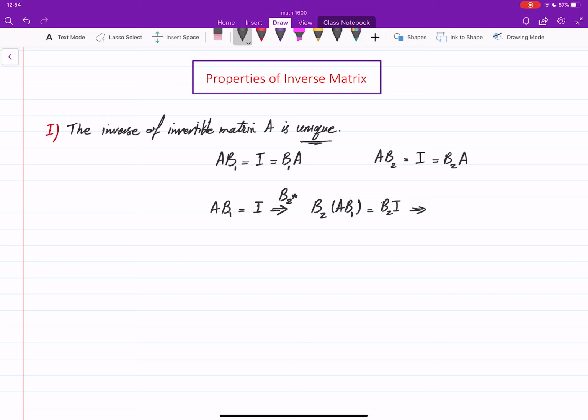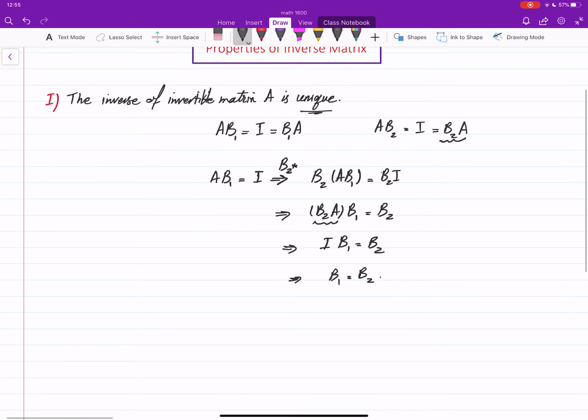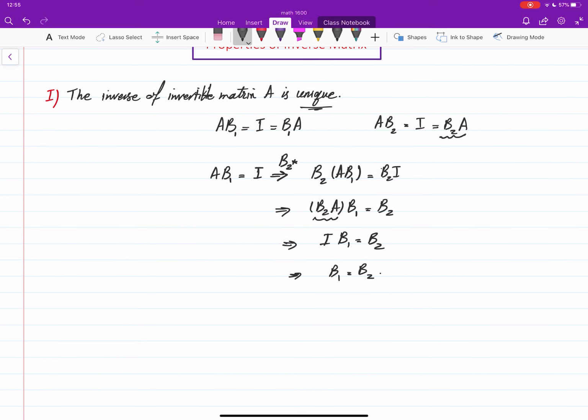I can use associativity, and B2 times identity is just B2 itself. Now you see that B2 times A is identity. That means that we have identity times B1 is equal to B2. As a result, B1 is equal to B2. That means that no matter who finds an inverse, a matrix which when you multiply by A you get the identity matrix, those matrices are going to be the same.